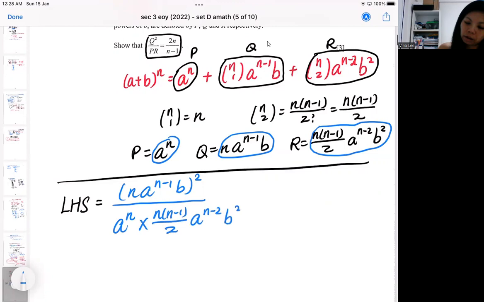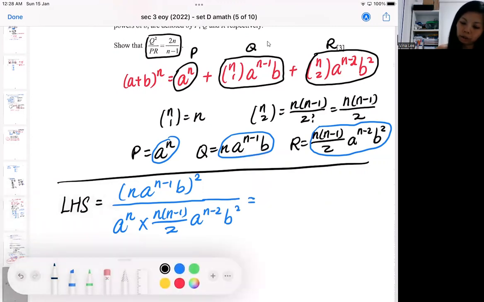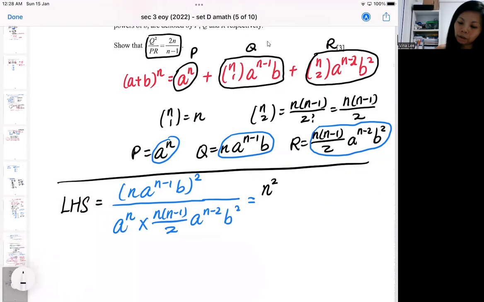It looks very complex, but it ends up more like indices. Okay, I'm going to show you. If I square the numerator, I get an n squared, I get something like this. I square everything inside.